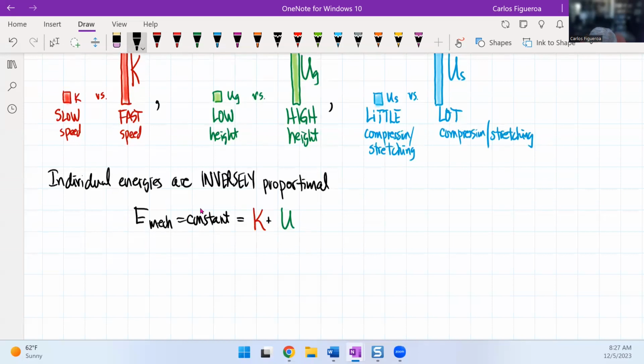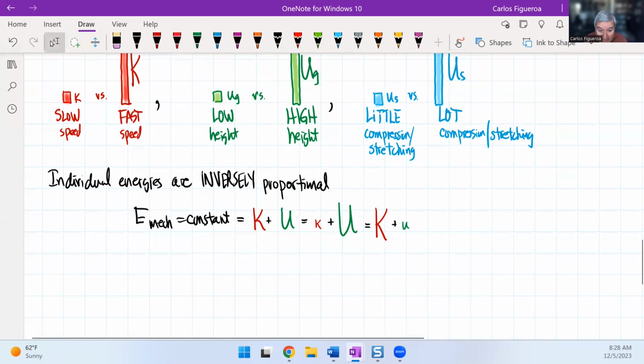So what this means here is that if somehow the kinetic energy decreases, the potential energy has to get larger. On the other hand, if the kinetic energy gets large, you have no choice but to conclude that the potential energy gets smaller. So this ratio of each other really makes a big difference as to what is going on here.